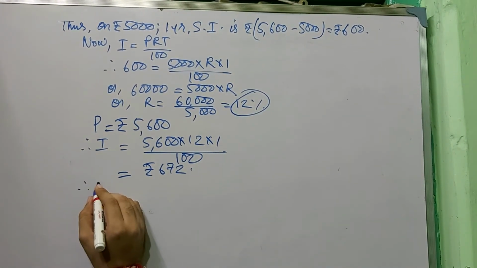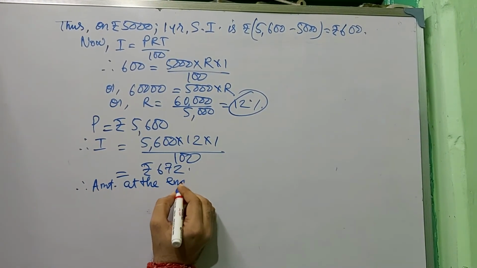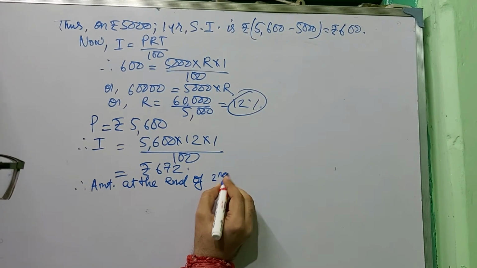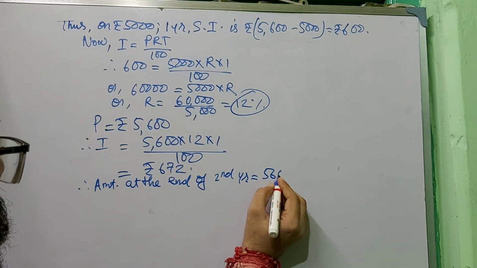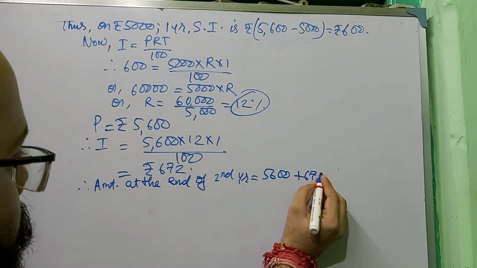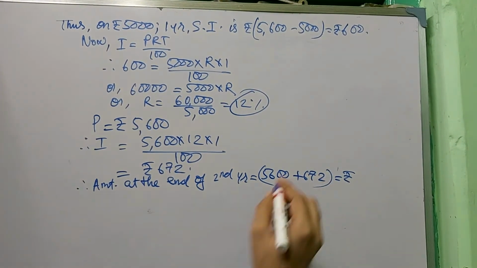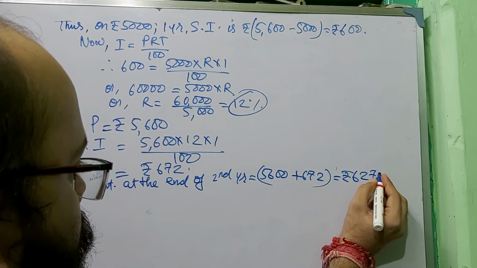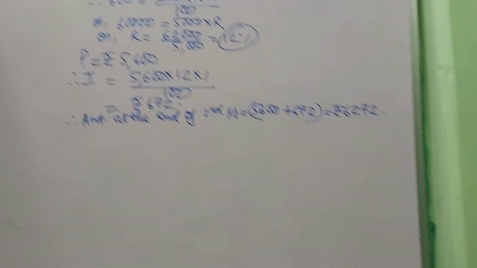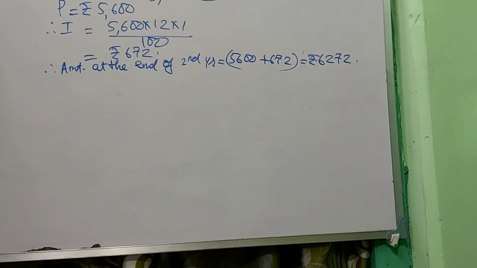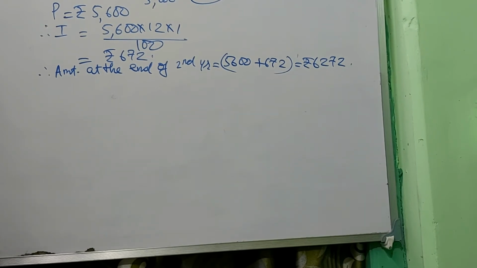So therefore the amount at the end of second year will be 5,600 plus 672. You will get the amount as 6272. Okay? Now, for the third year, you have to calculate the amount at the end of third year.